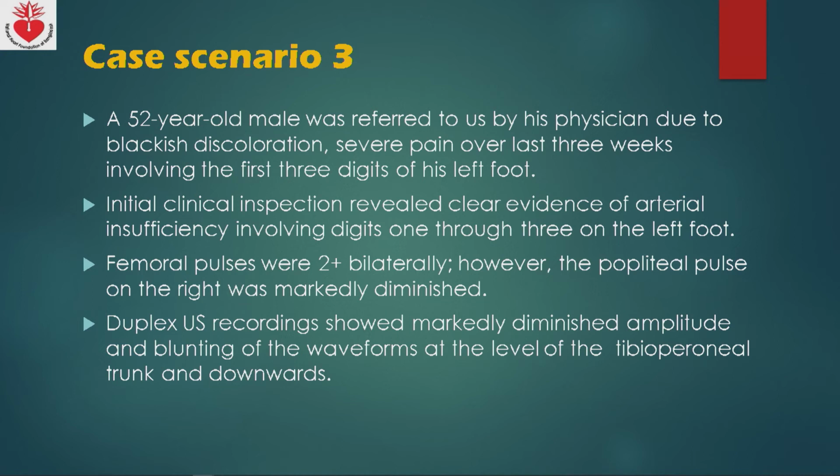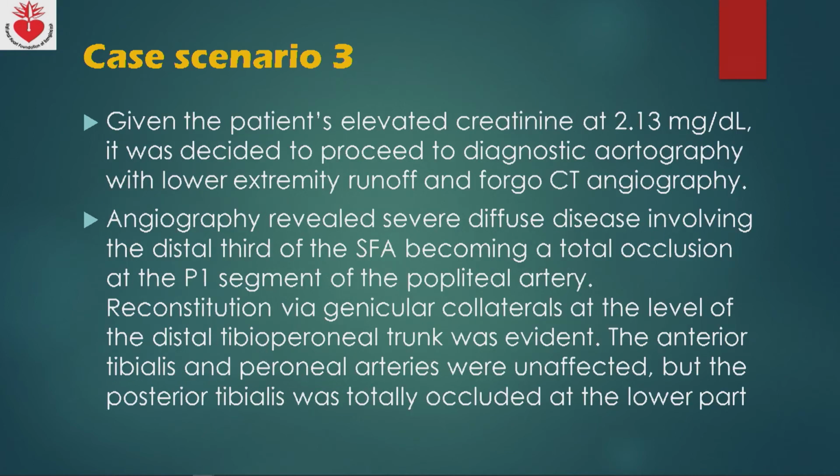Duplex ultrasound showed markedly diminished amplitude and blunting of the waveforms at the lower level, at the tibioperoneal trunk and downwards. Given the patient's creatinine of 2.13, CKD, it was decided to proceed with diagnostic angiography without CT angiogram.